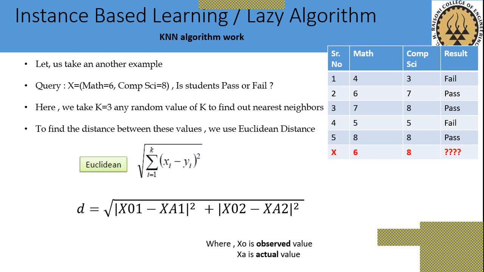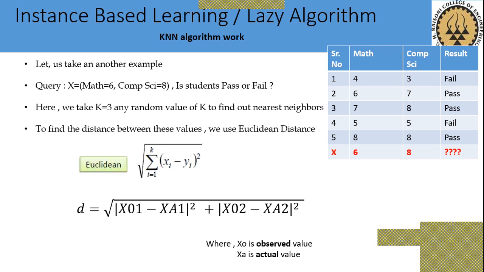Now let us consider a new student, X, who comes to the picture and says, sir, I have scored 6 in math and 8 in computer science, so what will be my result? To find out whether he belongs to the pass class or the fail class, I have to implement a machine learning algorithm.